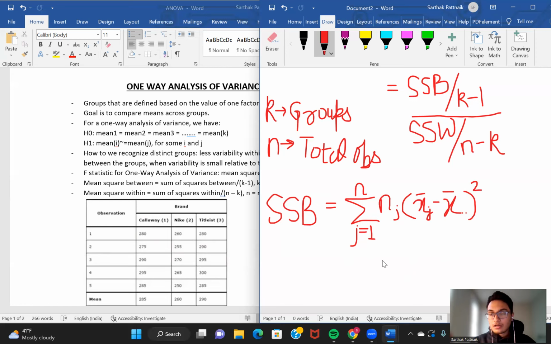This is how I'm going to be calculating the value of my sum of squares between. This term x_j bar represents mean of group j.